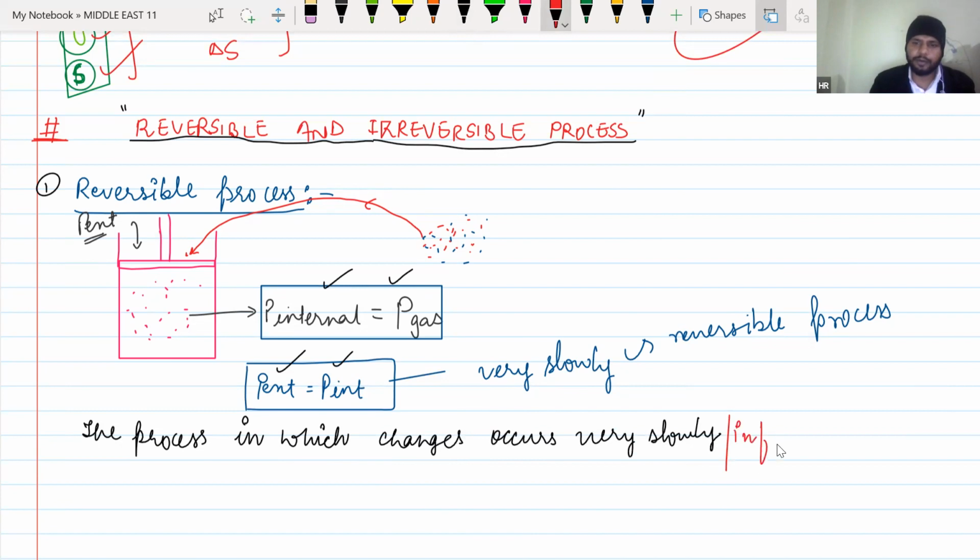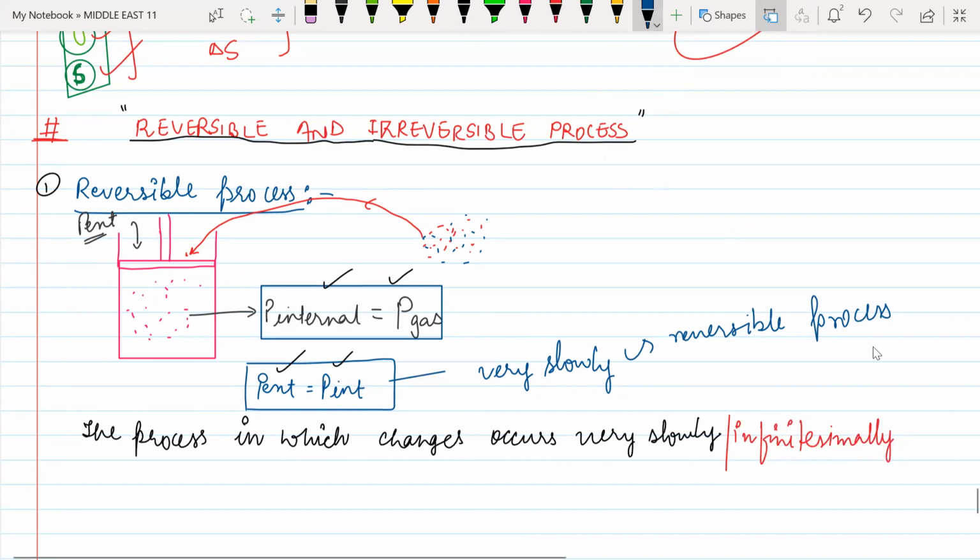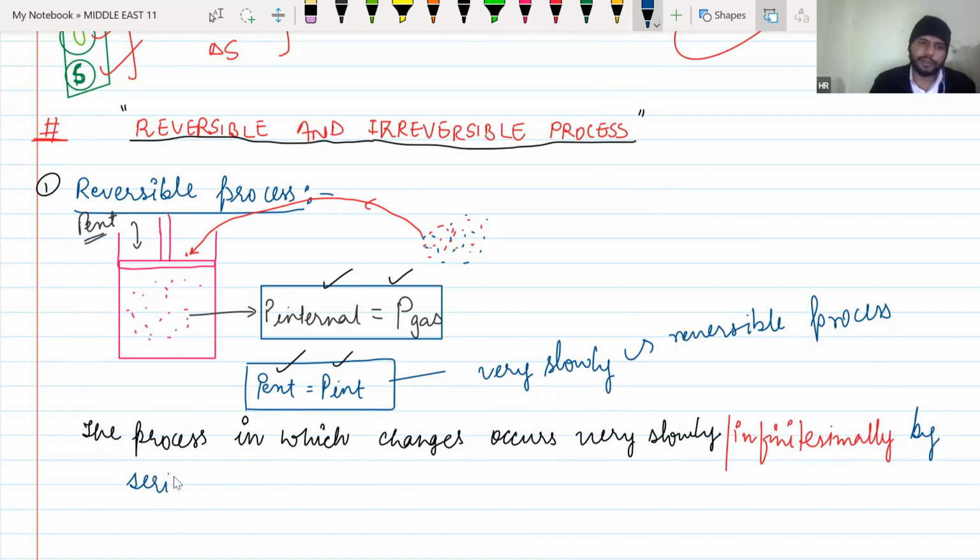Have you heard of it? Infinitesimally. Krishna? Yes, sir. Okay. By a series of equilibrium, basically you can say it, because it won't affect. If you go and pick one particle of sand and drop it here, that will maintain its equilibrium.